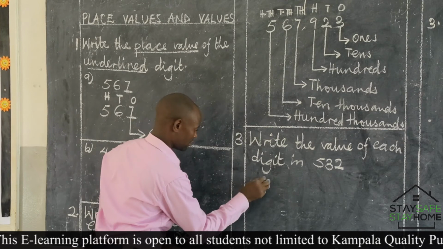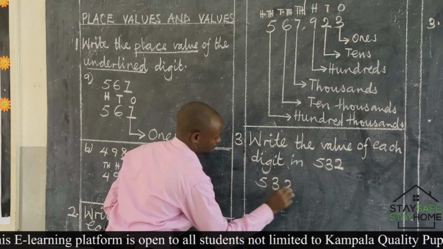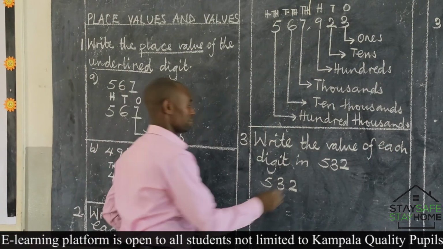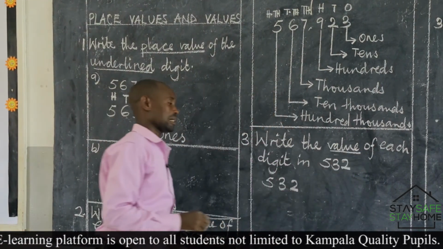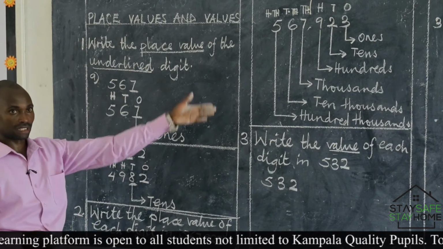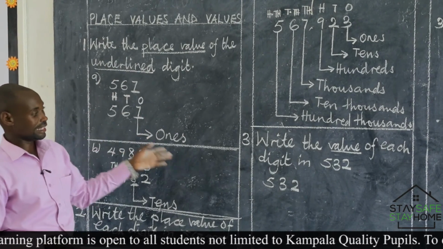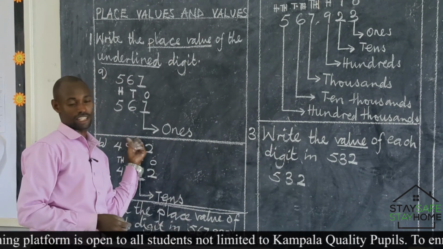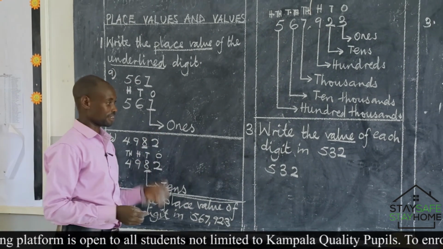So we have 532 here, and I told you that the difference between value and place value is that for place values, we are talking about the position, and you have seen the positions I have given you. Then when it comes to the value, you must get the digit, then you multiply it by the place value.